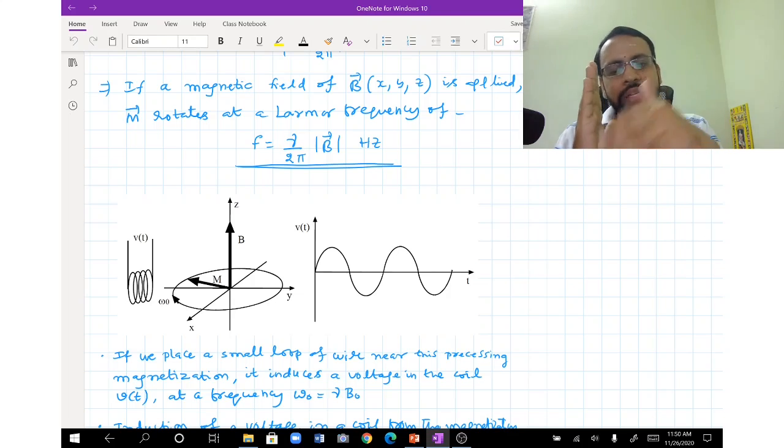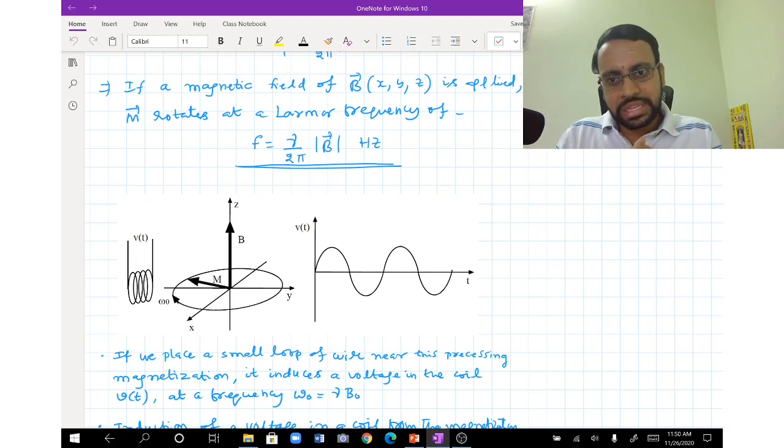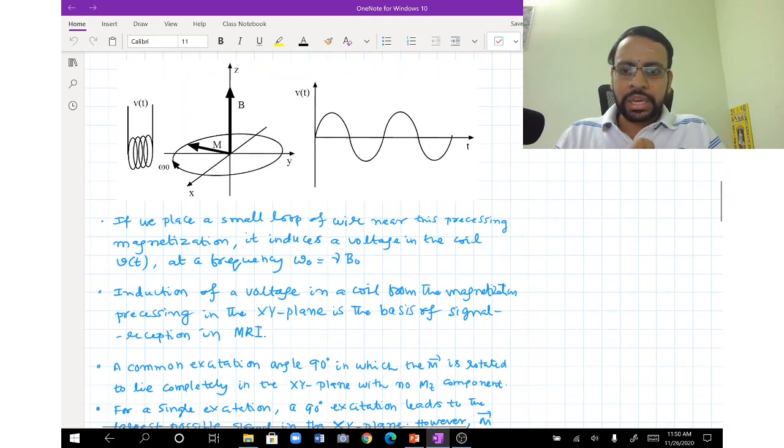So compared to that, this is small. If you consider the hydrogen atoms, this is in the range of radio frequencies. That's why what you are transmitting is an RF pulse, and what you are receiving is also an RF pulse. Hope that part is clear.